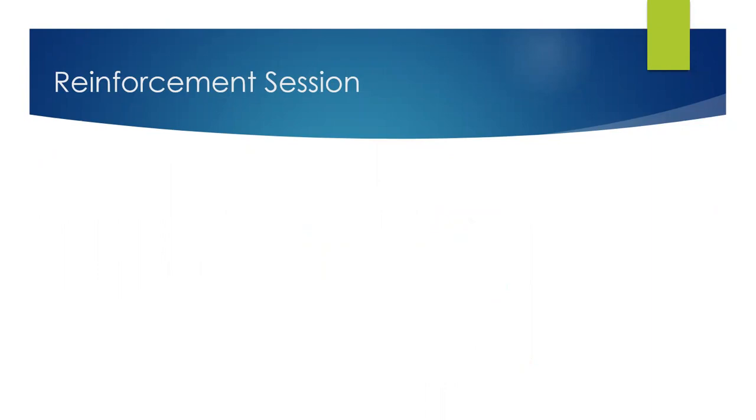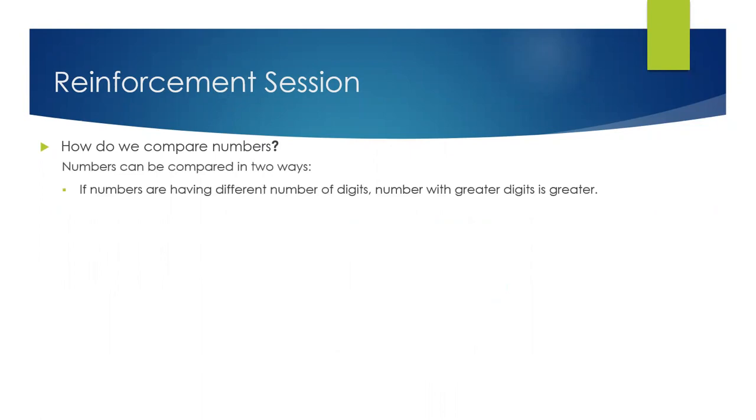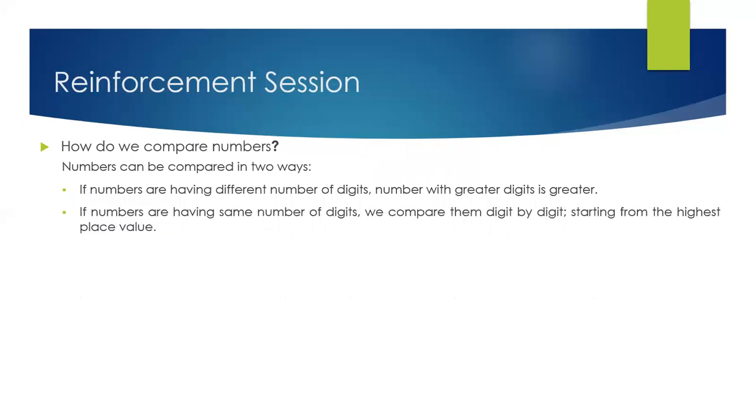Now let us reinforce what we have learned in these slides. Here we have seen how we compare numbers. Numbers can be compared in two ways. If the numbers have different numbers of digits, the number with the greater number of digits is greater. Secondly, if numbers have the same number of digits, then we compare those numbers starting from the highest place value digit.